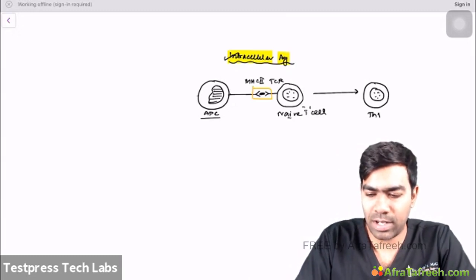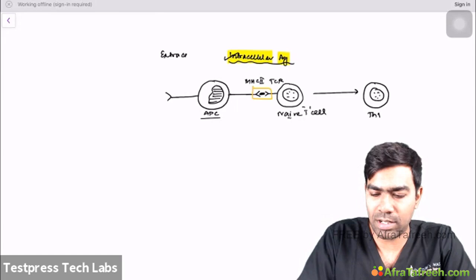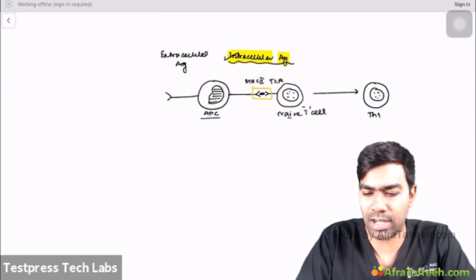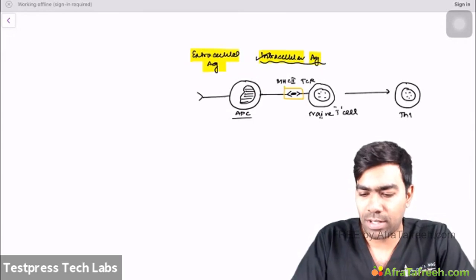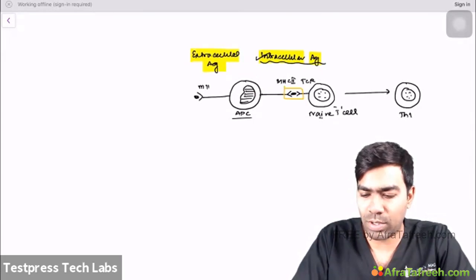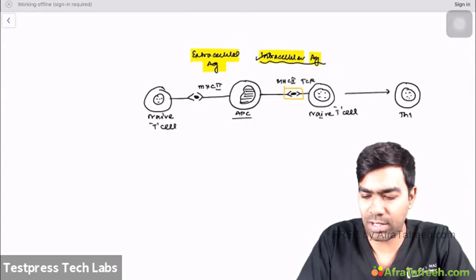Similarly, if the antigen presenting cell swallows an extracellular antigen, again they are going to present through the same MHC class 2, because the synapse is going to be made through MHC class 2 and the T cell receptor only, and it's going to be a naive T cell.